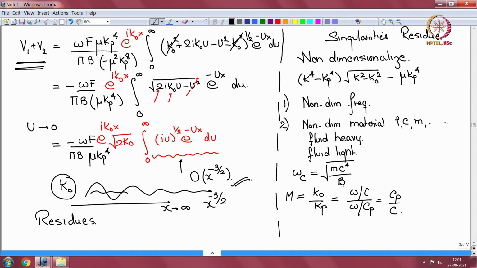If we now elaborate here, k0 is omega by c and kp is m omega square by B to the power 1/4. Let me take it onto the next page.